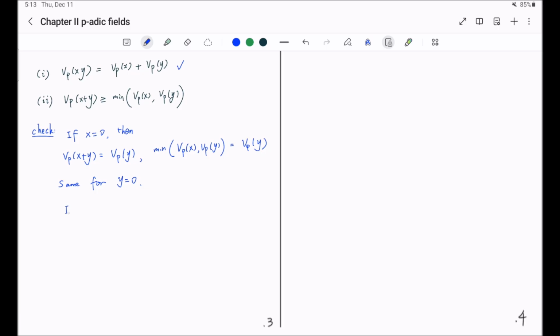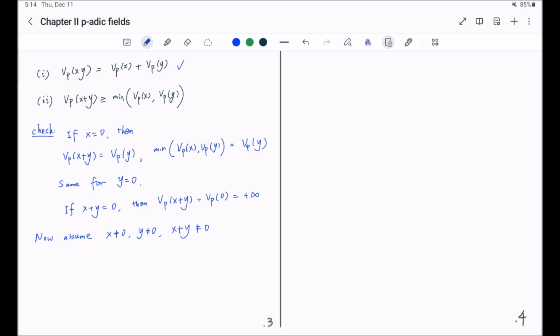Now if x plus y is equal to 0, then this becomes trivial, because the left-hand side is always equal to positive infinity. So this is trivially true. Now we can assume x not equal to 0, y not equal to 0, and x plus y not equal to 0.